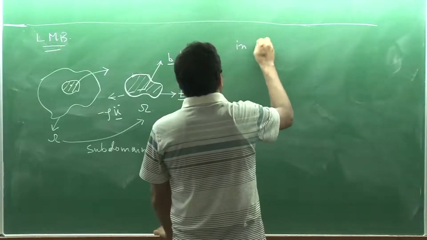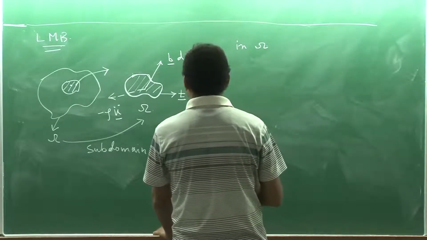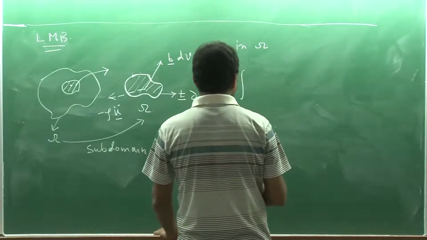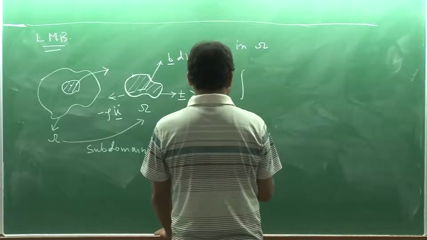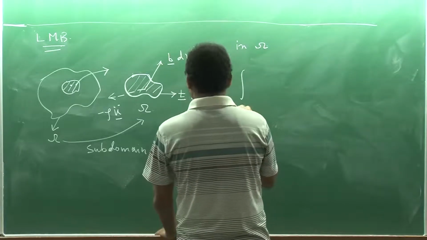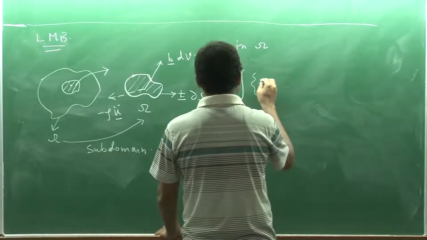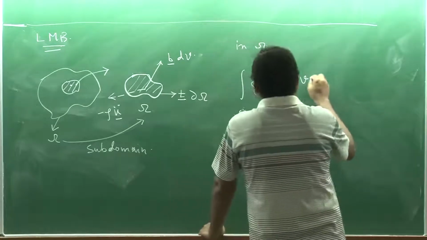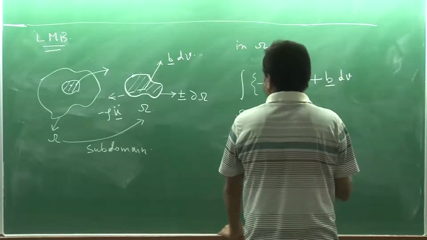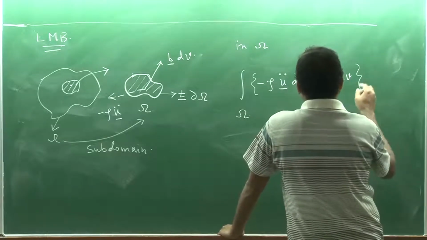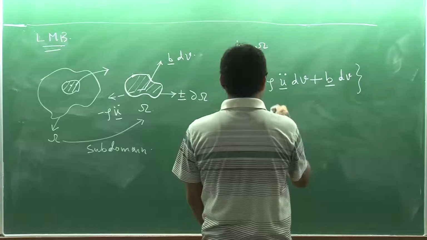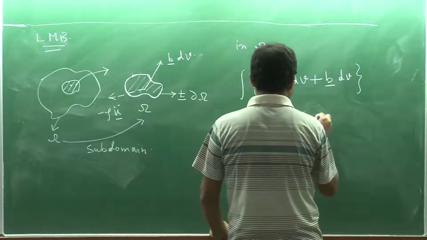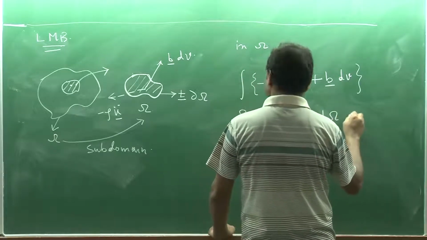So now let us enforce equilibrium in terms of the deformed configuration. In the subdomain omega, what will this be? It will be the integral over omega of minus rho u double dot, dv, plus b bar dv, plus the integral over del omega of t bar d omega, is equal to 0.